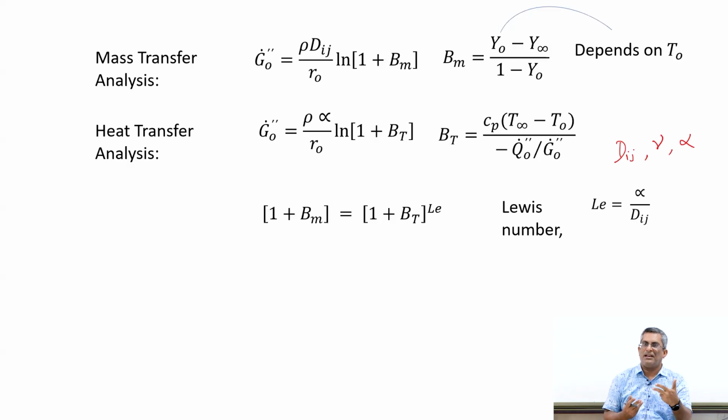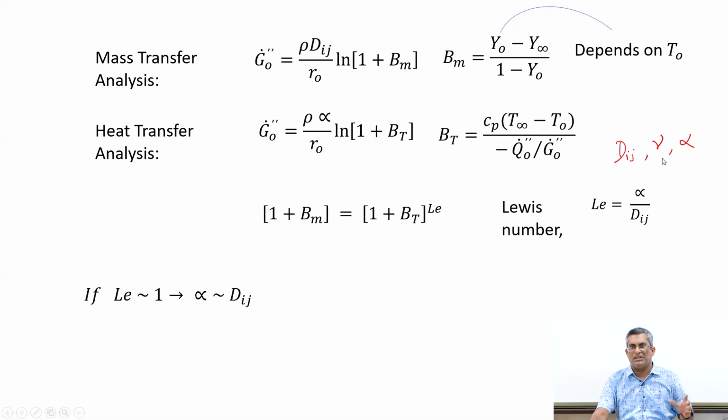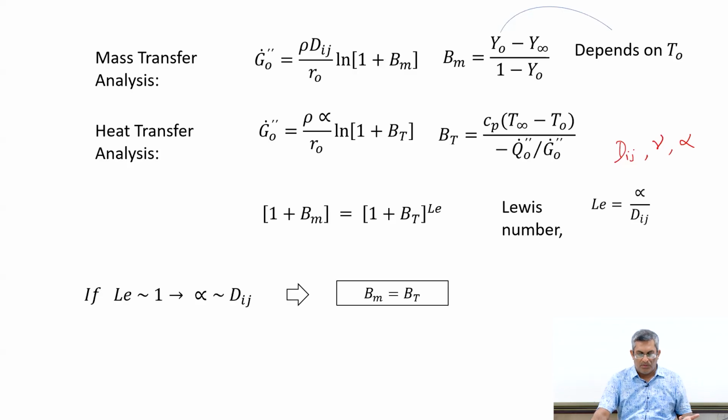First the Prandtl number, nu by alpha, then the Schmidt number that we discussed in the previous class, nu by D, and now we have the Lewis number, alpha by D. Now, if we assume that the Lewis number is nearly equal to 1, which is mostly the case, at least of the order of 1, or thermal diffusivity and mass diffusivity are the same, then we must have Bm equal to Bt.